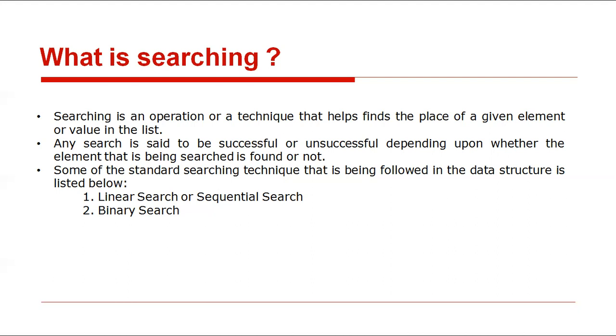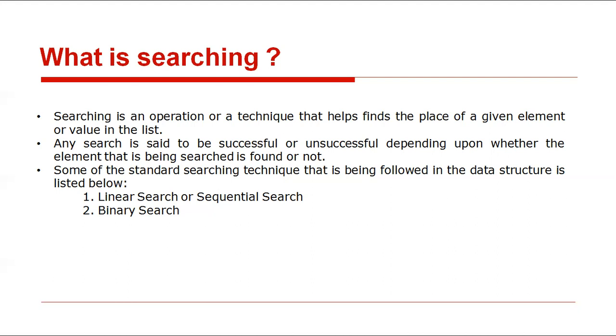Why is it called linear or sequential search? Because we can search one after another. For example, I want to search whether roll number 32 is in our class or not.